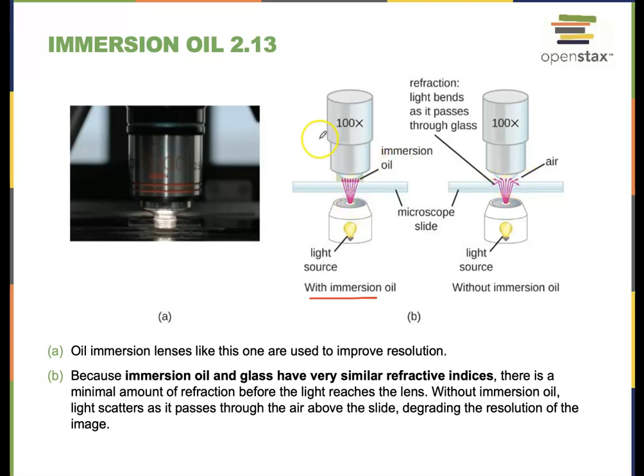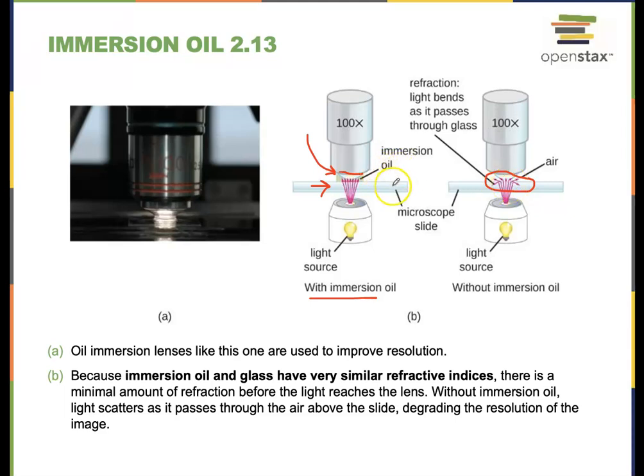The glass is going to be underneath the objective lens, right? There's a little piece of glass that allows the light to come in. So we go glass, air, glass. We don't want that air to interrupt the light, because some of that is going to refract away, right? We know that light, when it goes through different mediums, will bend.